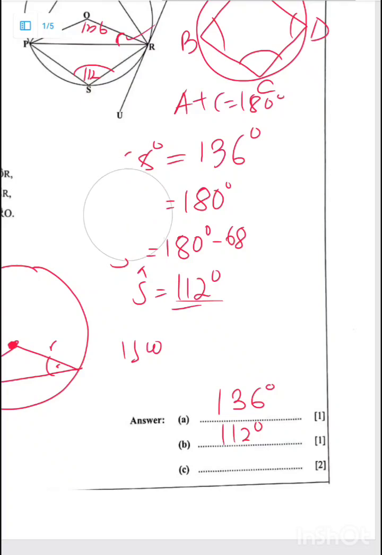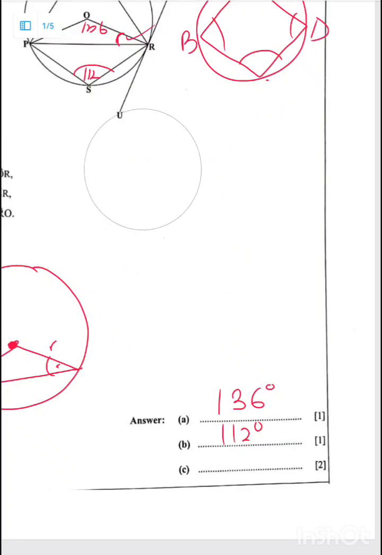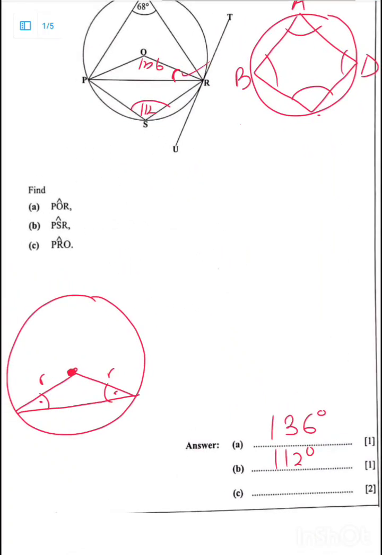Let me just get rid of this part so that we find space for working out. All right, ladies and gentlemen. So step one, we know that all angles in a triangle add up to 180. So this is angle P and that is angle R. We can call them X and X, because this distance and that distance are the same.